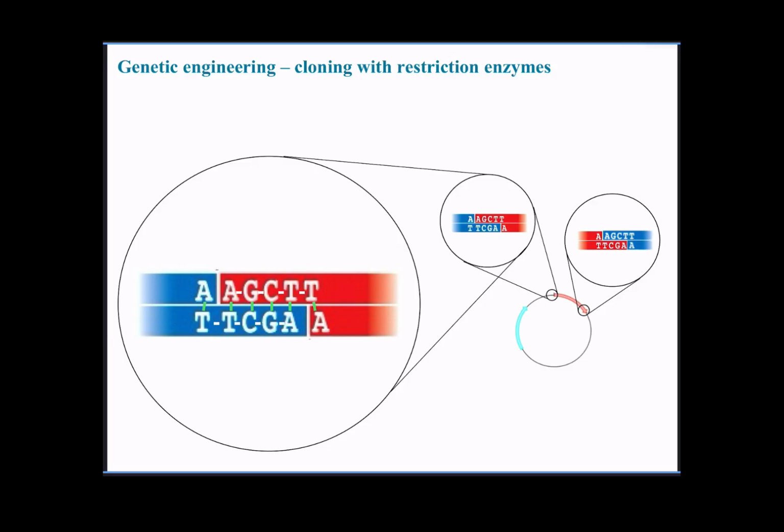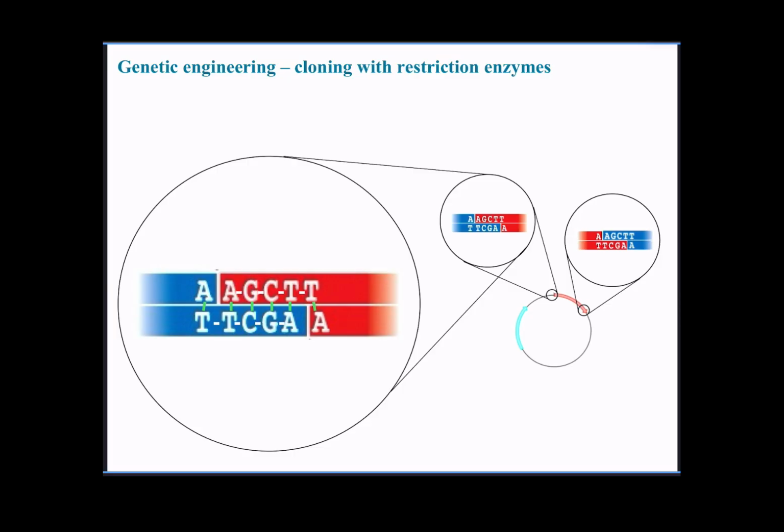But while there are all of those phosphodiester bonds linking the nucleotides in the insert together and linking the nucleotides in the vector together, there are still these missing phosphodiester bonds at both ends of this ligation site, right? Those phosphodiester bonds are not formed magically, right? They don't form spontaneously.